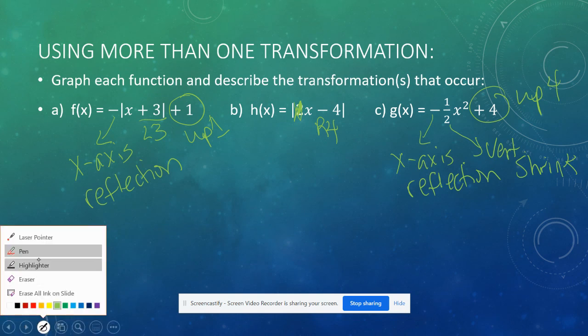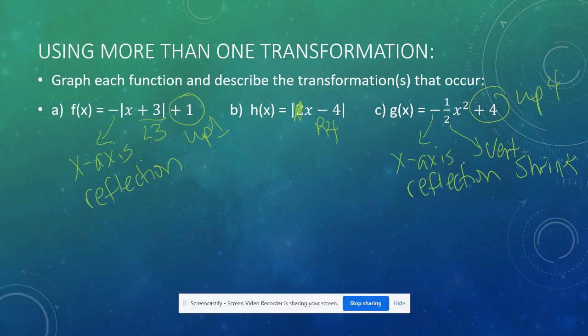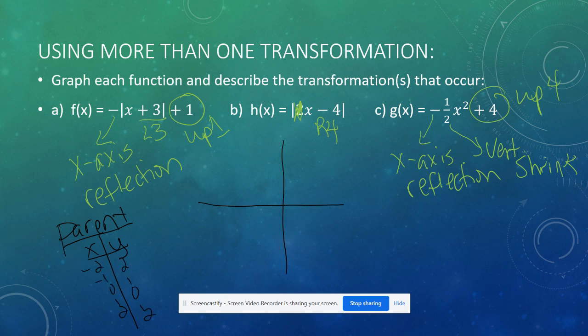When we graph our transformations, we graph our transformations from left to right. So if I'm doing letter A as an example, remember our parent function, so I have my parent function here.